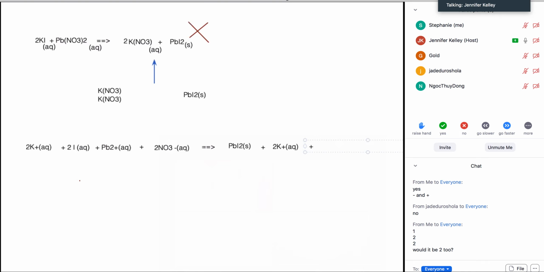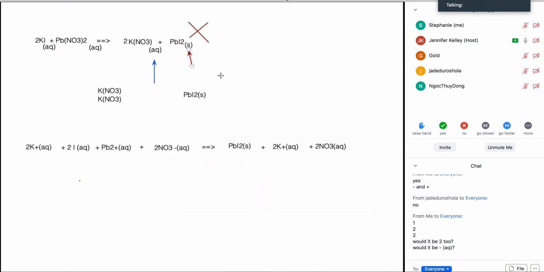Yes, that would be 2 also. So you can see what happened on this side. Since this had a solid, that means it doesn't separate, and we see that it's not separated right there.